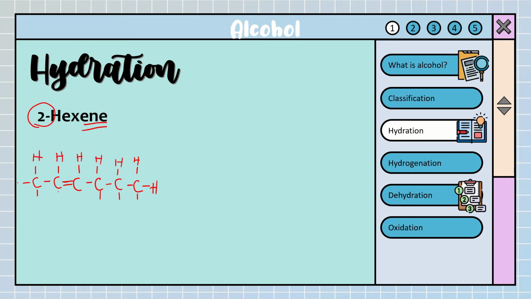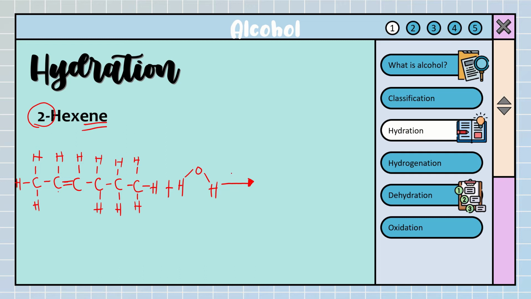Again, since hydration needs water as its reactant, in this reaction we need another reactant, which is water. And then, as a catalyst for the reaction, we need an acid.